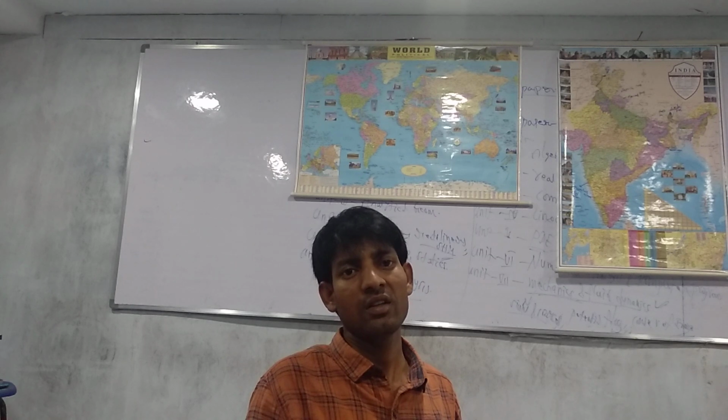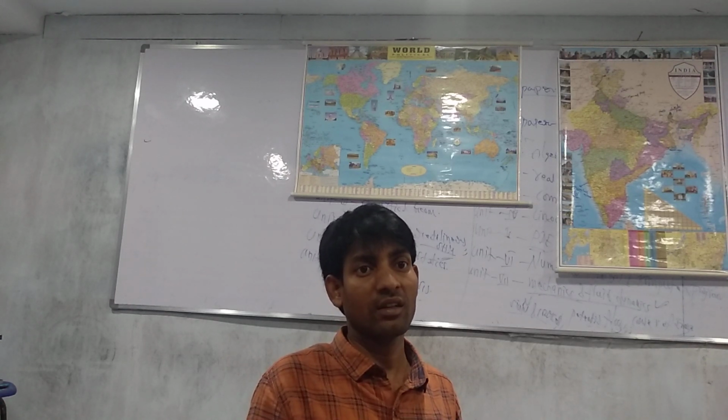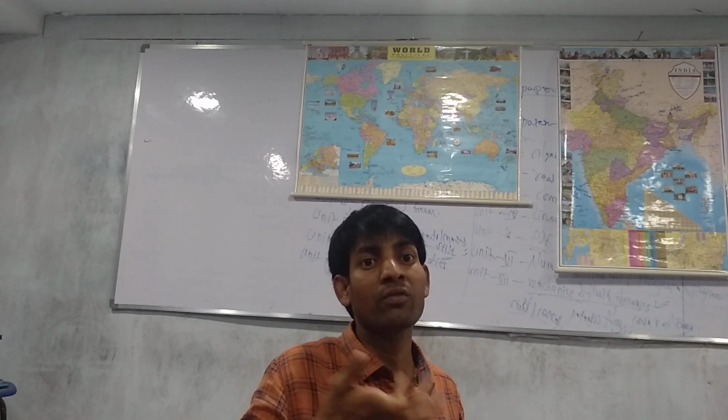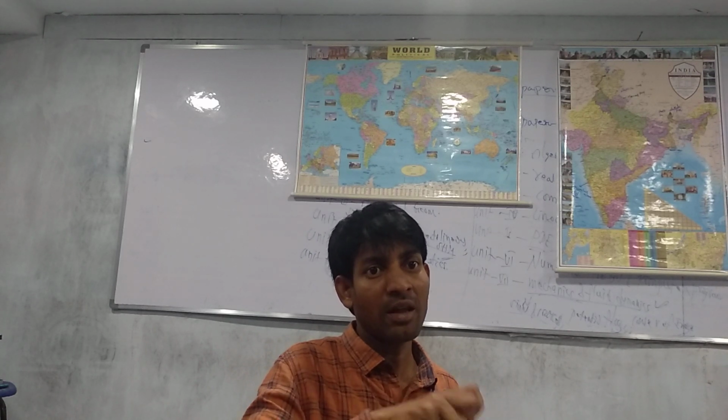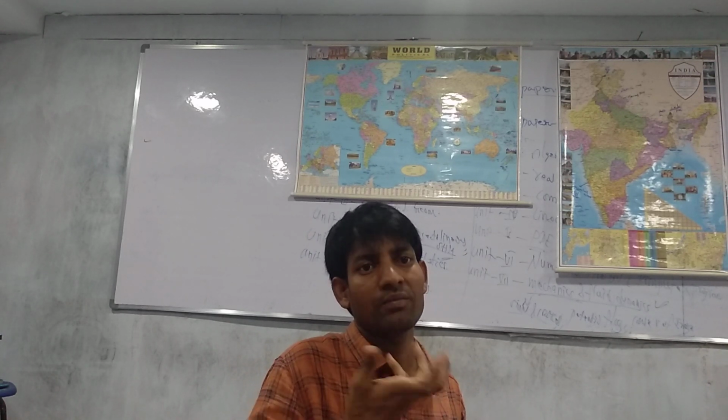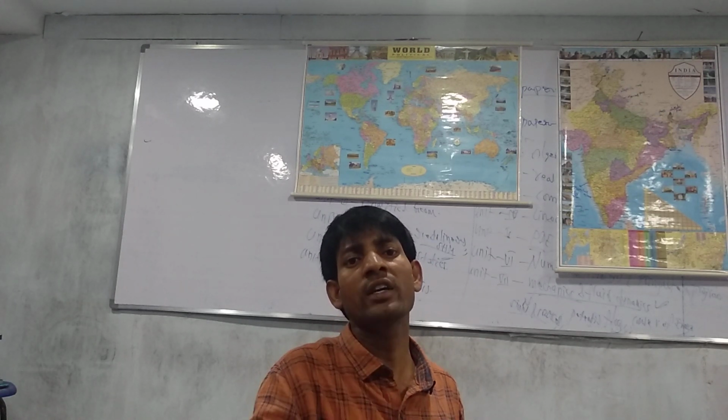So 54 countries in Africa. That is the topmost continent. I am telling only the number of countries, not the extent. In extent, Asia is the biggest; in number of countries, the highest is Africa only. So 54 countries in Africa.